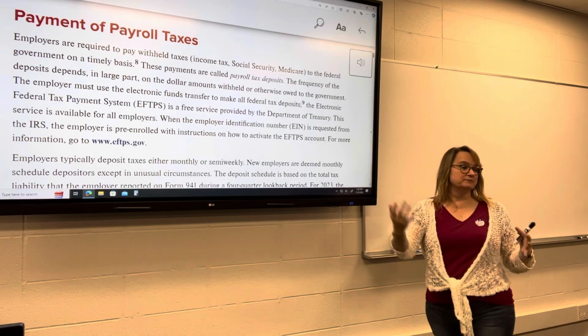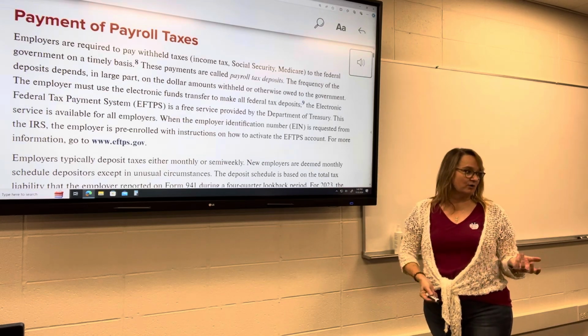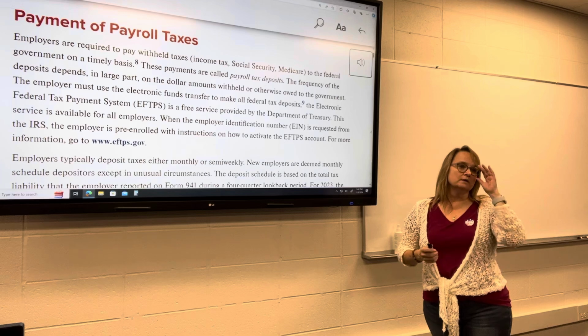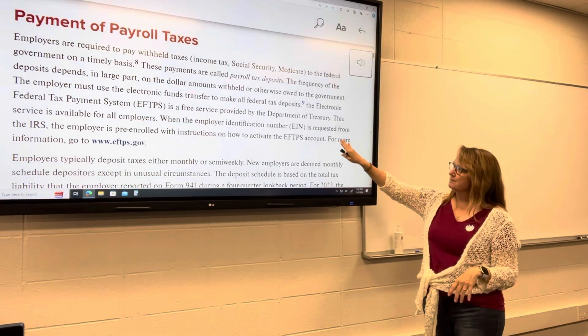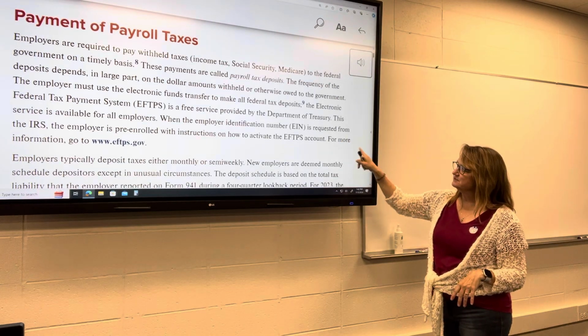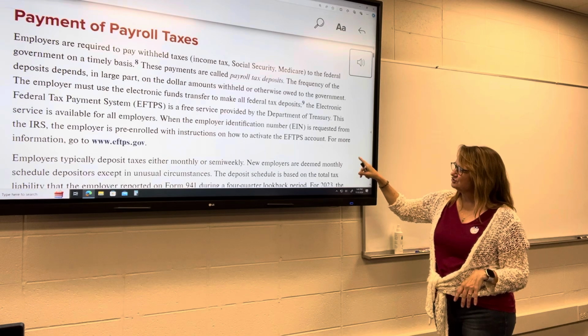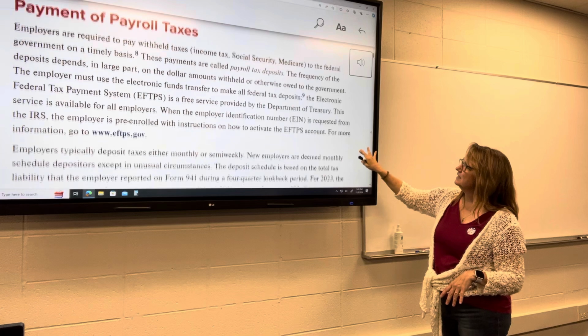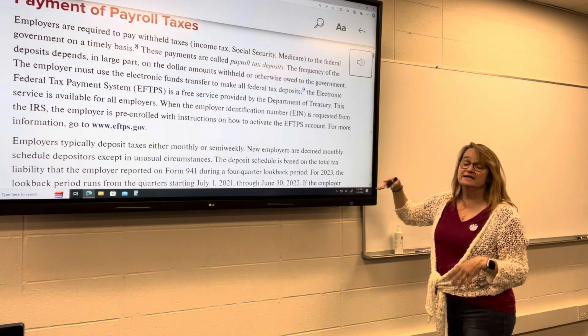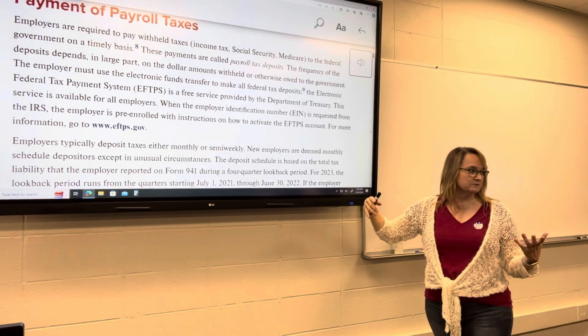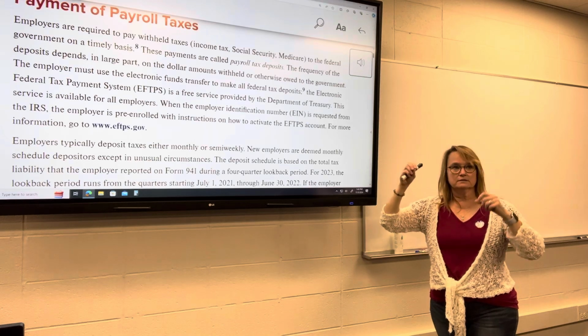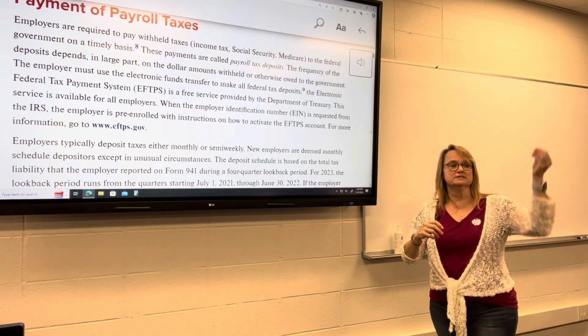And normally these tax deposits are made electronically. Employers will either do it themselves, or set up what's called an EFTPS account, electronic filing, I can't remember what it stands for, but the Department of Treasury runs it. Individuals can have these accounts too for paying their taxes. You have to sign up for it, and then they send you a PIN number.